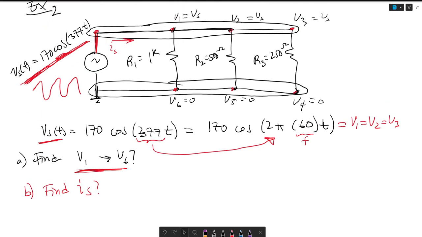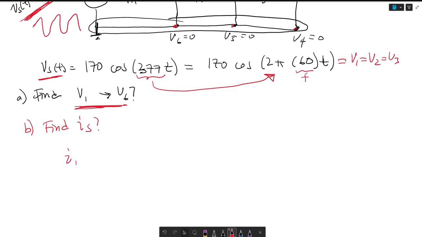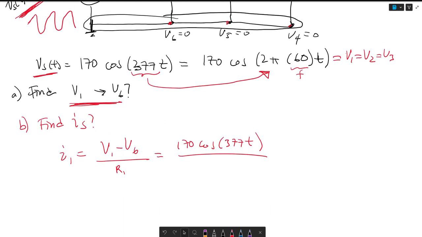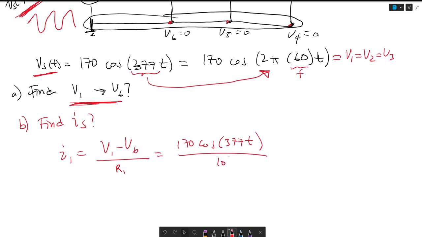In order to do that, we notice that I1 is equal to V1 minus V6 over R1, or this is equal to 170 cosine 377t over 1k, or 10 to the third, which is equal to 0.17 cosine 377t amps.